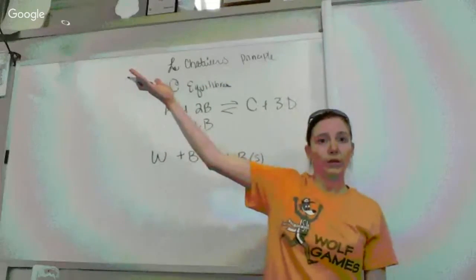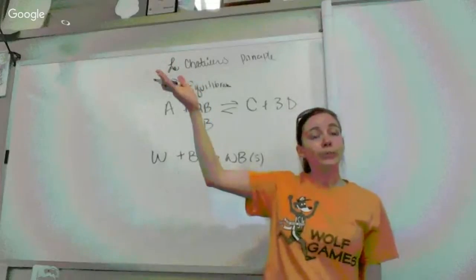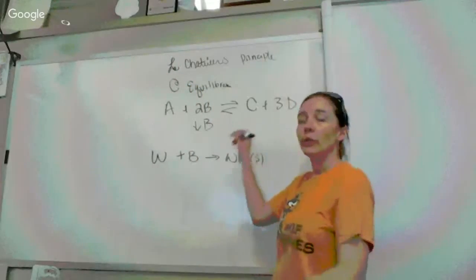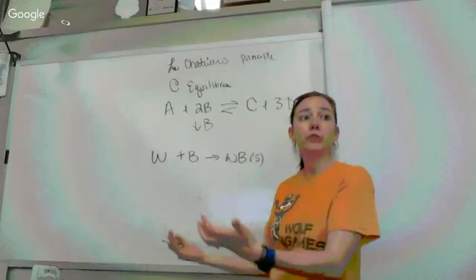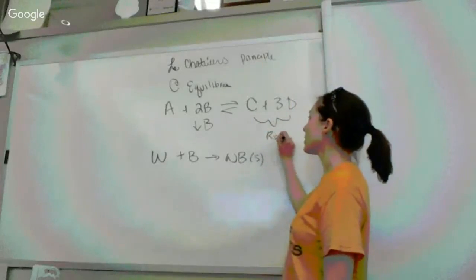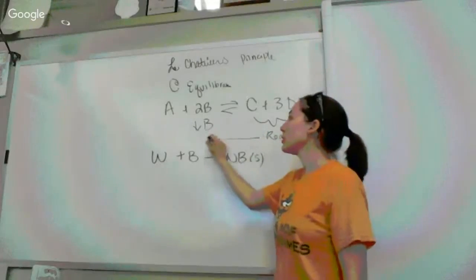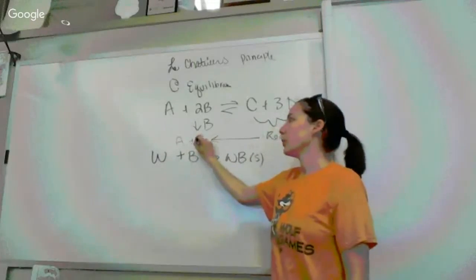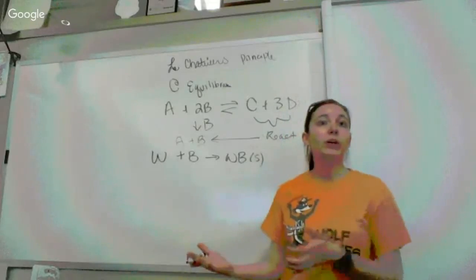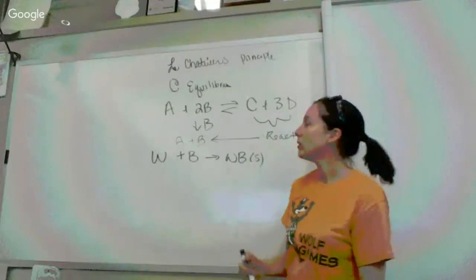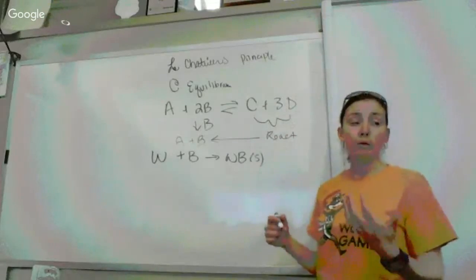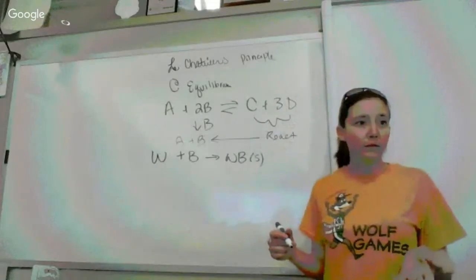And so we need to do something to shift so we can start going back and forth. And so the reaction will naturally shift to replace what was lost. And so these two here will react, and they are going to form more A and more B. So the amount of A will go up, the amount of B will also increase, and my amount of C and D are going to go down. We call that a reverse reaction or a shift to the left.